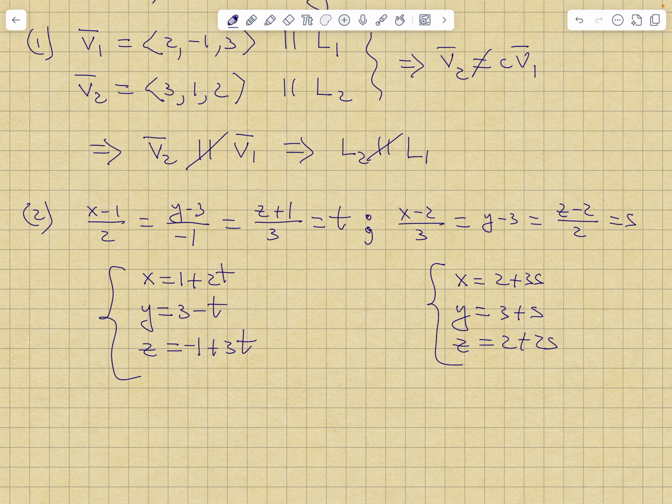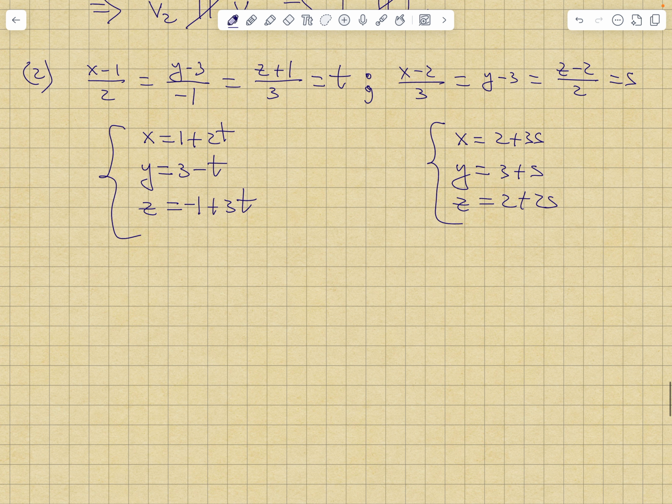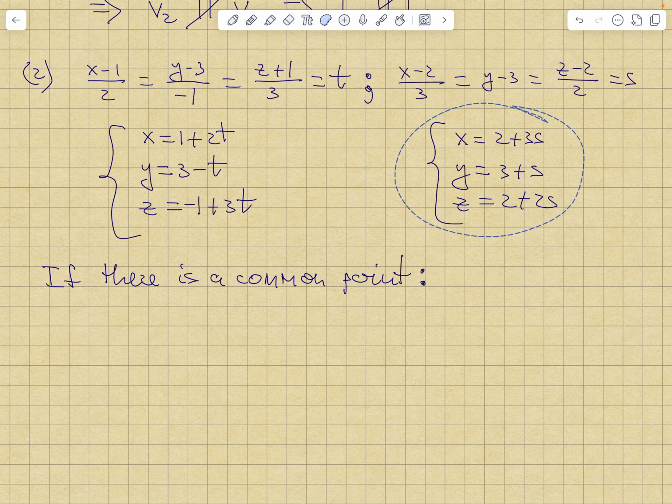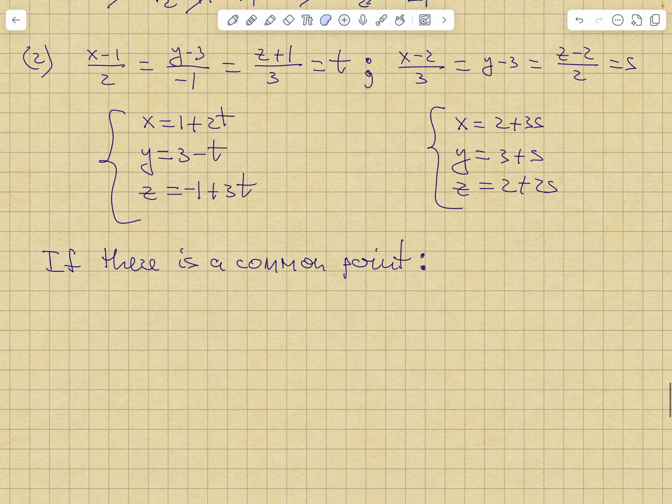So if there is a common point, then there is a time s and another time t such that this particle at the time t is at the same place as this particle at the time s. So the corresponding coordinates at those times must be the same.